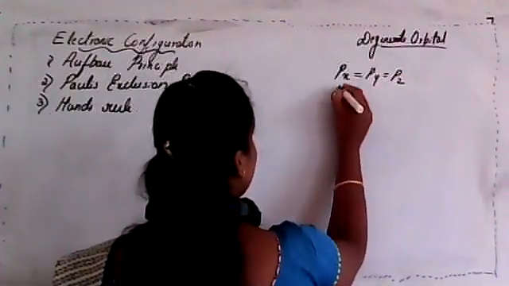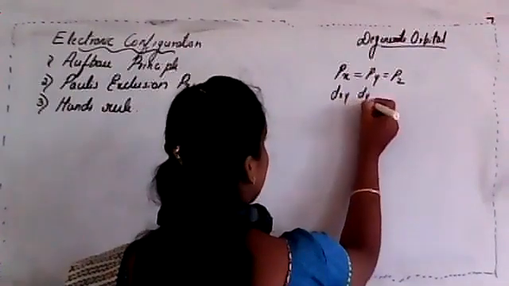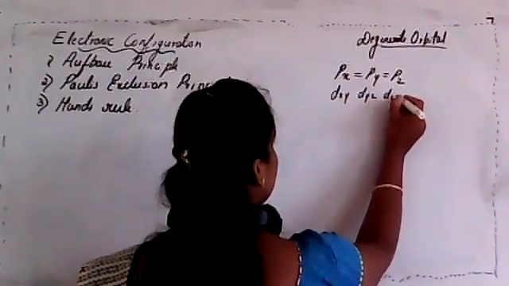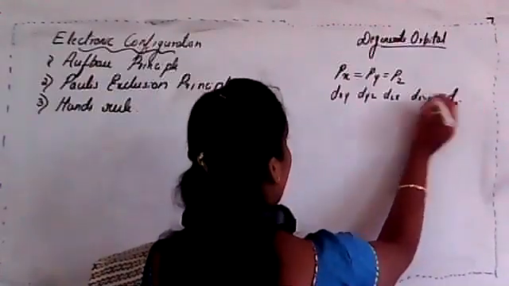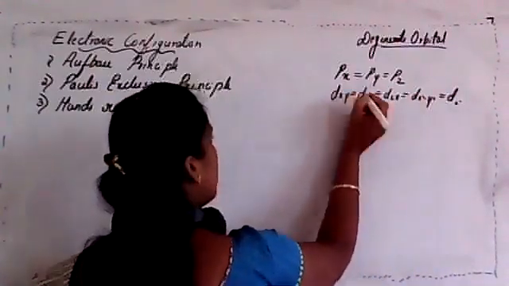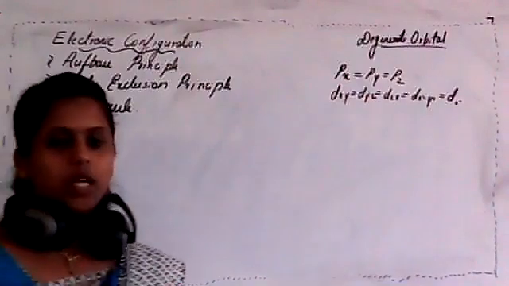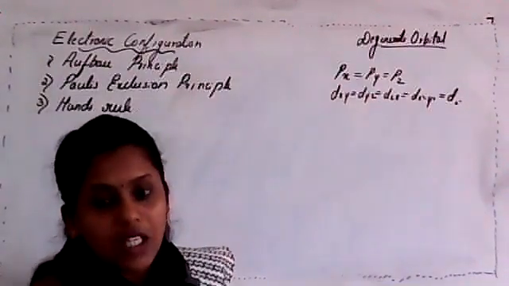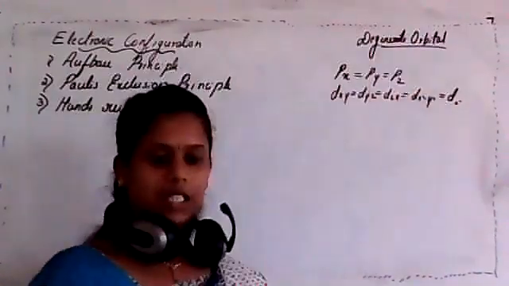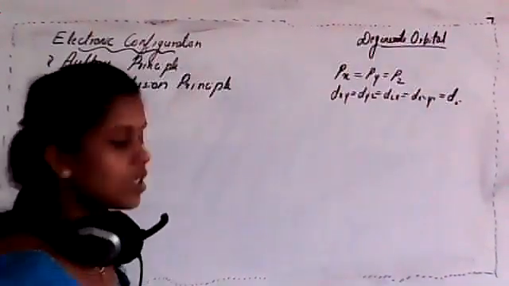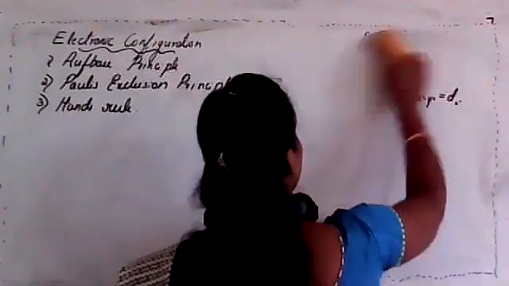Again, if we consider dxy, dyz, dzx, dx square minus y square, dz square, all these have the same, equal energy. So any orbitals which have equal or same energy are known as degenerate orbitals. Clear?